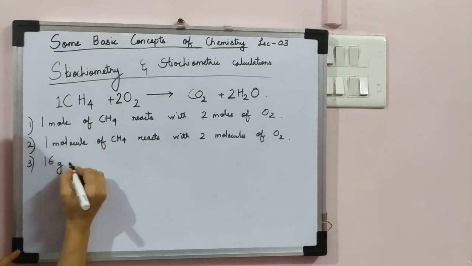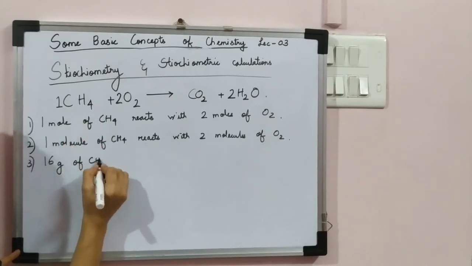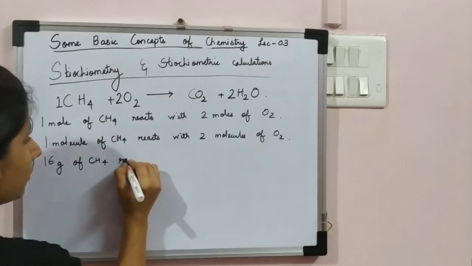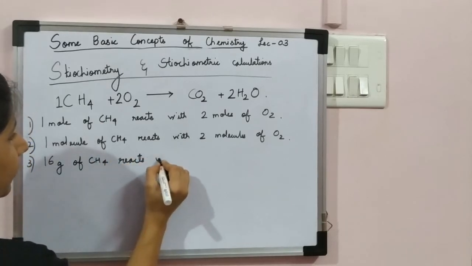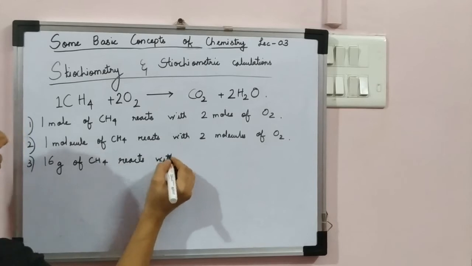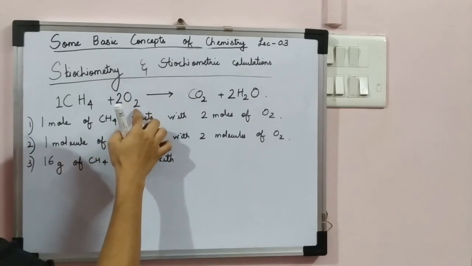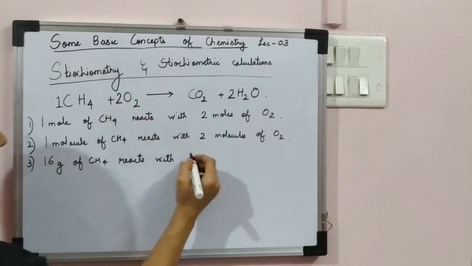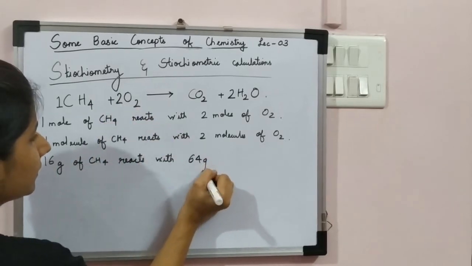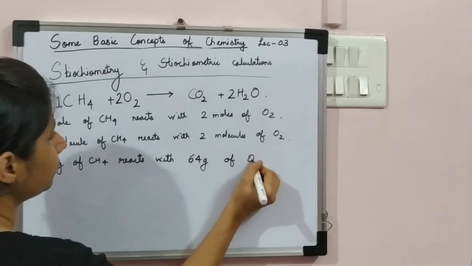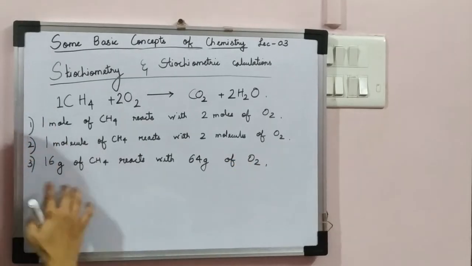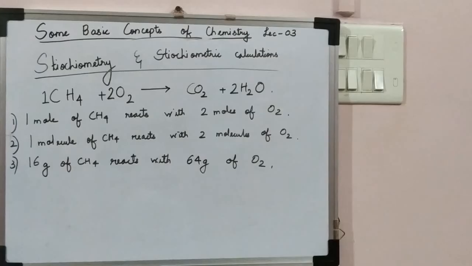So 16 grams of methane reacts with, now oxygen, just one oxygen atom is 16, and 16 into 2 is 32, and 32 into 2 is 64. So this is 64 grams of oxygen. Okay, so this becomes in terms of grams.